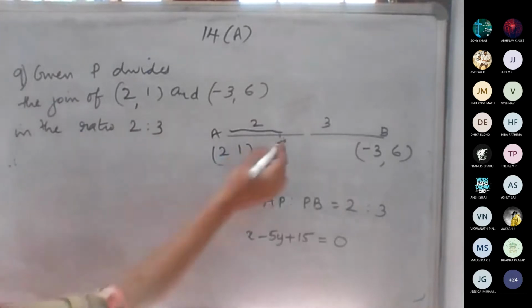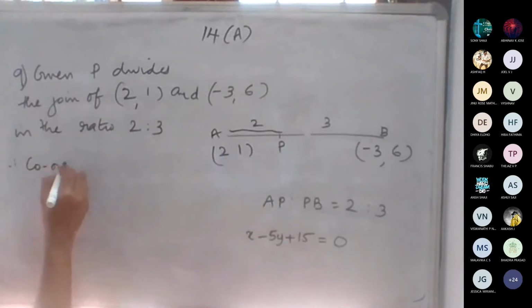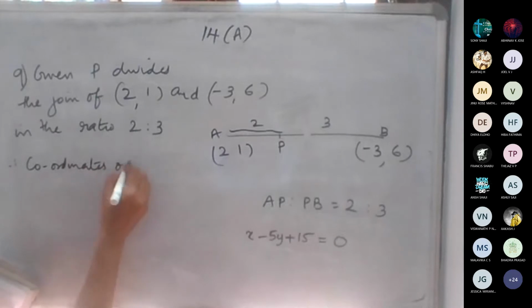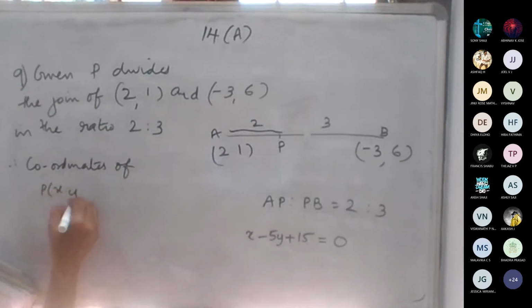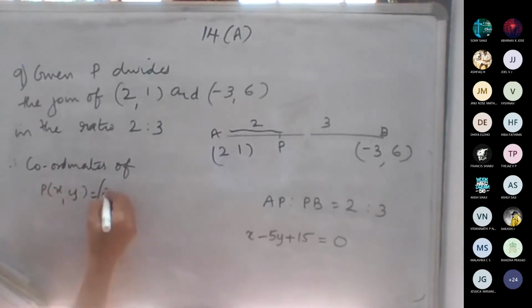Therefore, what will be the coordinates of P(x, y)? The coordinates of P(x, y) will be found using the formula.